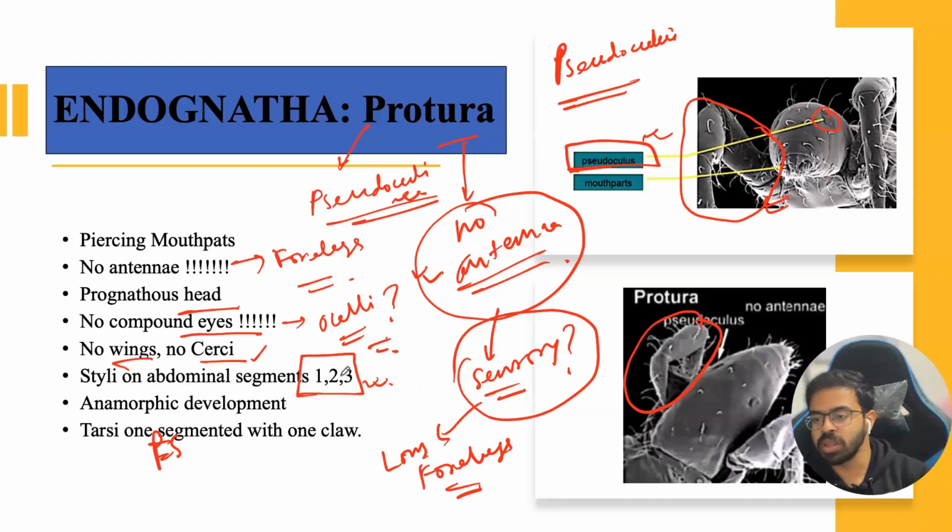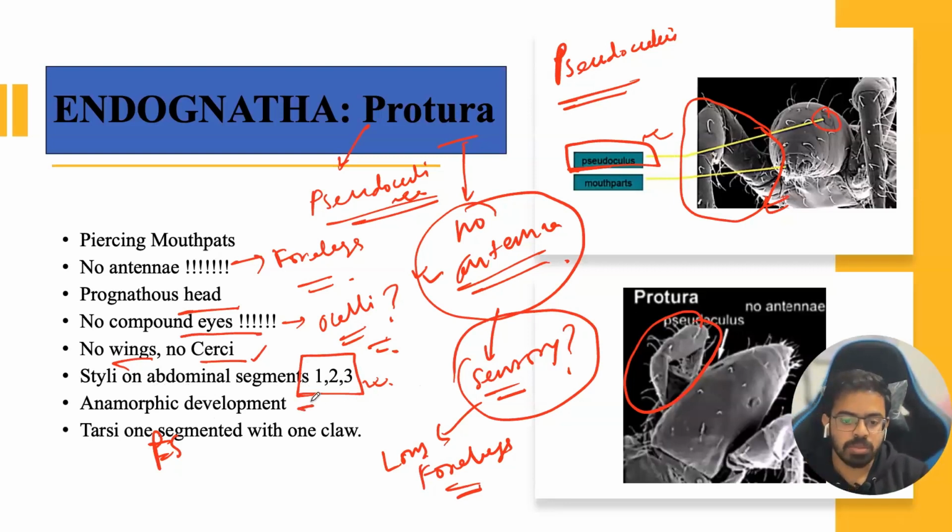Styli are nothing but reduced abdominal legs. In modern insects there are no legs on the abdomen, but those insects which are primitive do have some reduced abdominal legs, in the form of styli. So styli are present in the first 3 abdominal segments. It is there in the insecta book.